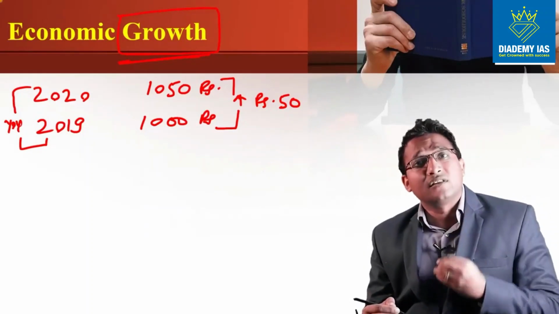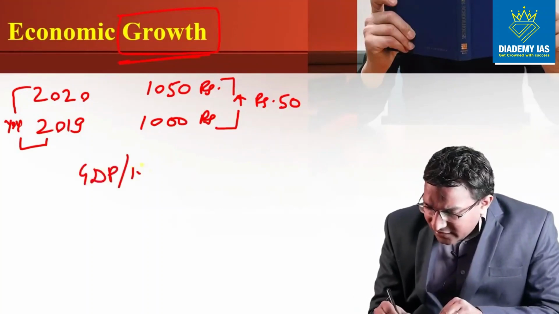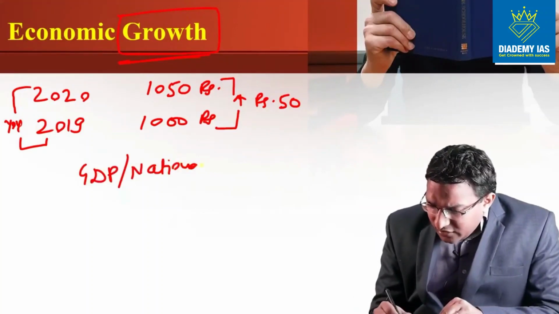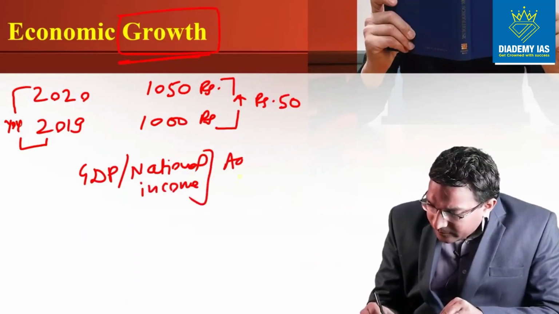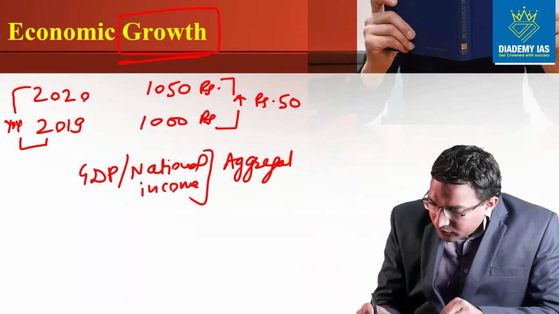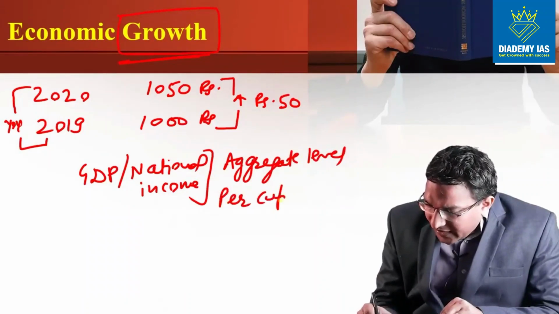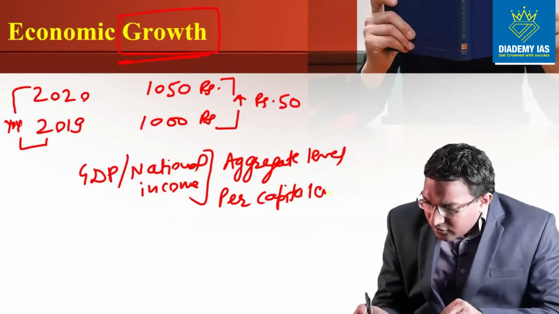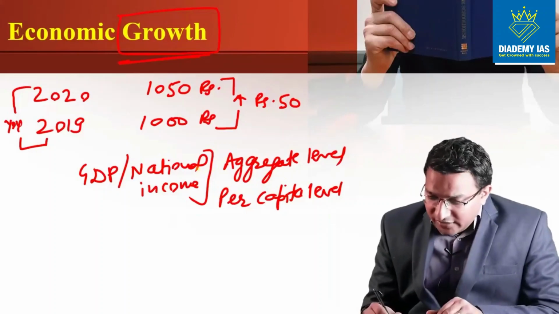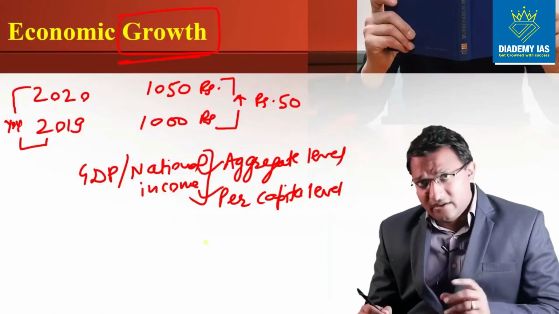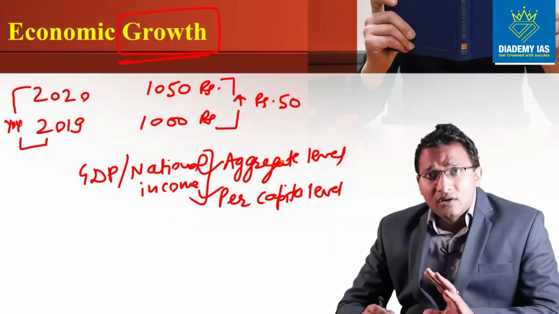And what is the figure of comparison? The figure of comparison is the GDP or the national income. And this GDP or national income can be at the aggregate level or at the per capita level, per citizen level, the individual level. So it can be based on either of these two figures.